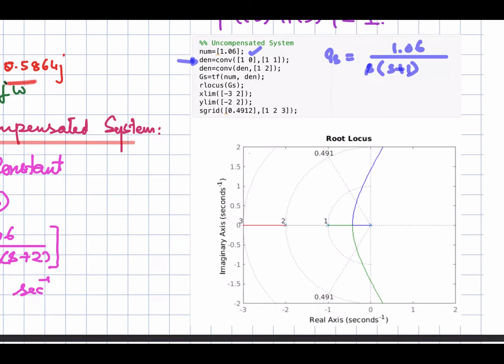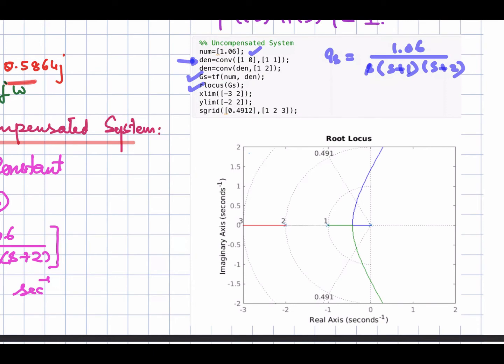The result will be multiplied with s plus 2. So we have this open loop transfer function, right?